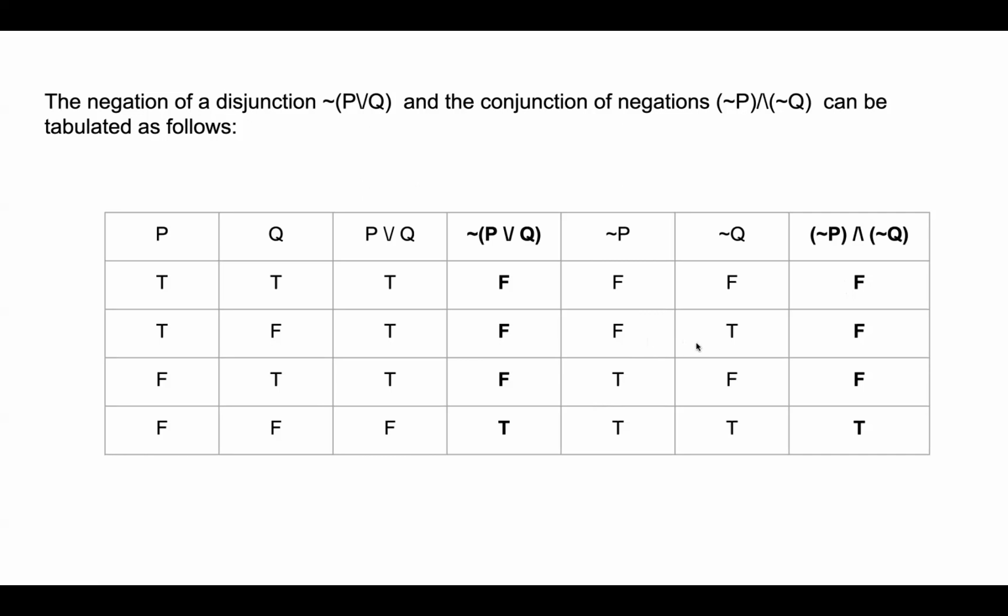One is false, one is true, so the output will be false. Here also one is true, one is false, so false. Only the last one has both true, so negation P and negation Q will be true. So negation of (P or Q) is equivalent to negation P and negation Q.